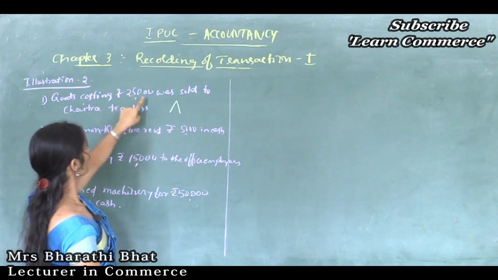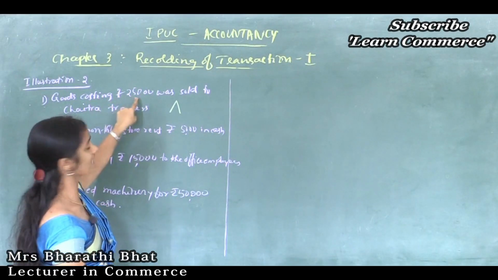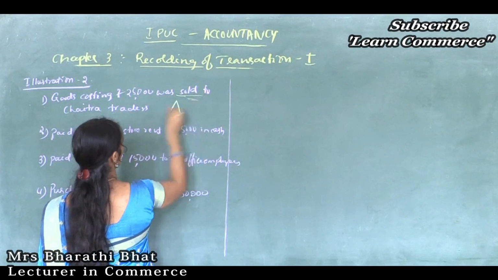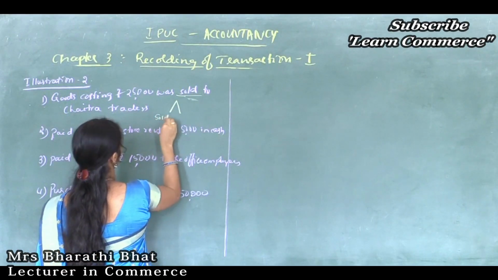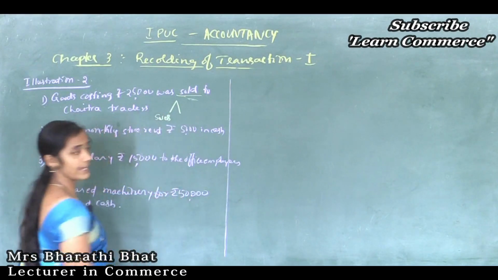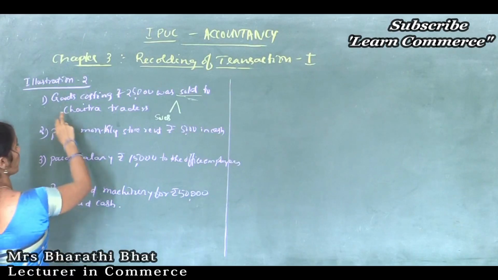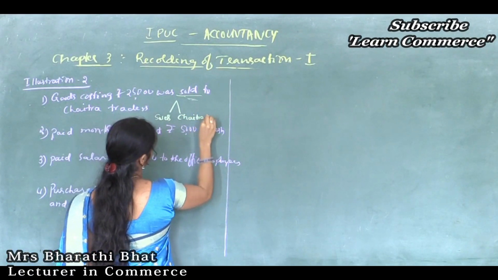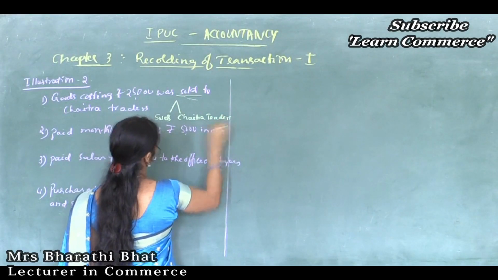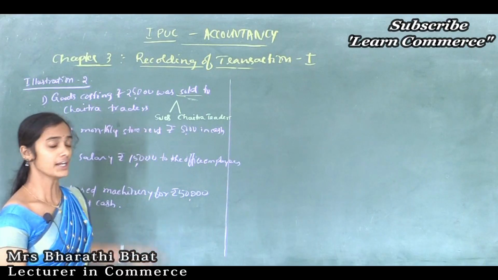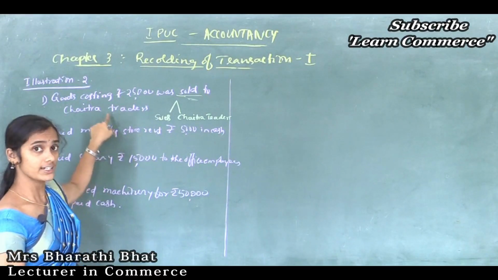One is sales, because we sold goods. Another one is Chaitra Traders. Why did Chaitra Traders come here? Why is Chaitra Traders affected here? Because she is a debtor.